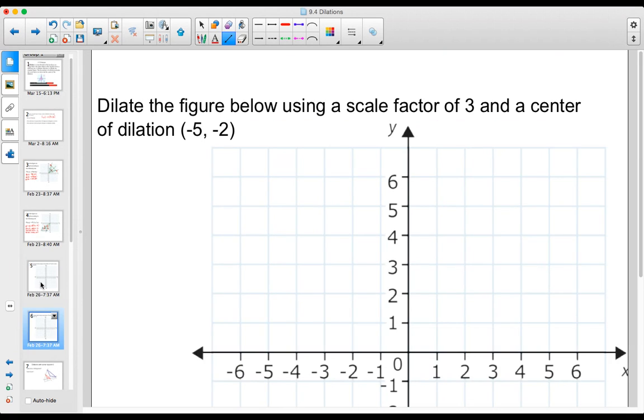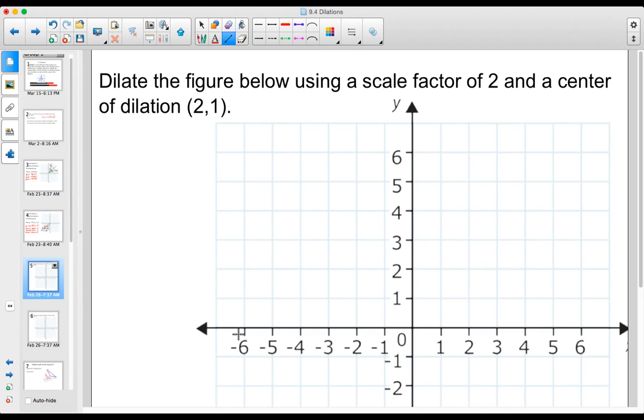You know what? I forgot my picture on this one. Let's see if we can draw a picture real quick. We're going to be doing a scale factor of 2 and a center at 2, 1. 2, 1 is where the center is going to be.